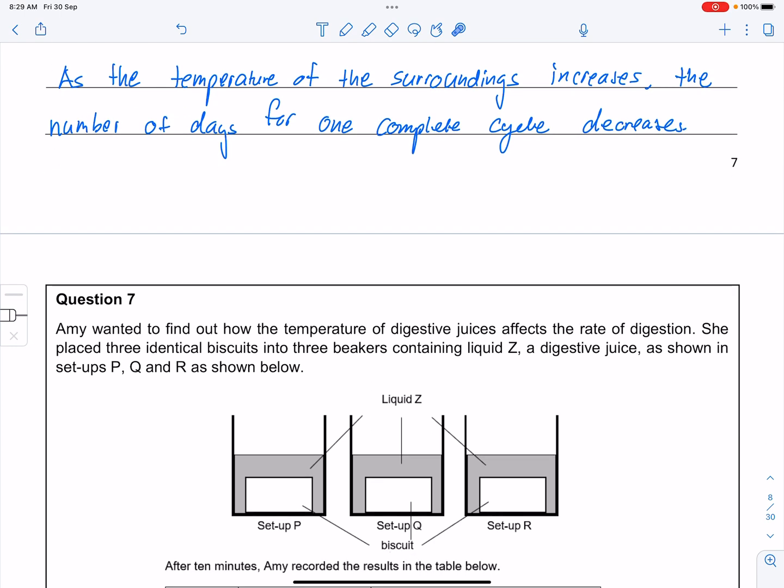Okay, question number 7. Amy wanted to find out how the temperature of digestive juices affect the rate of digestion. So based on our prior knowledge of an aim, we know that this is the change variable and this is the measured variable.